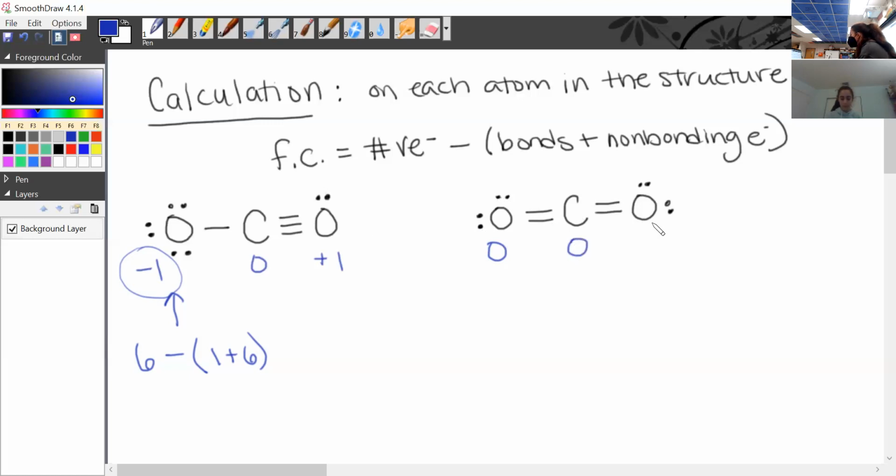This oxygen, 6 minus 1, 2, 3, 4, 5, 6. So 0, right? So now we ask ourselves, which one of these structures is the better structure? And again, by better, we mean more representative of what's actually going on. This one is the better structure, and here's why.